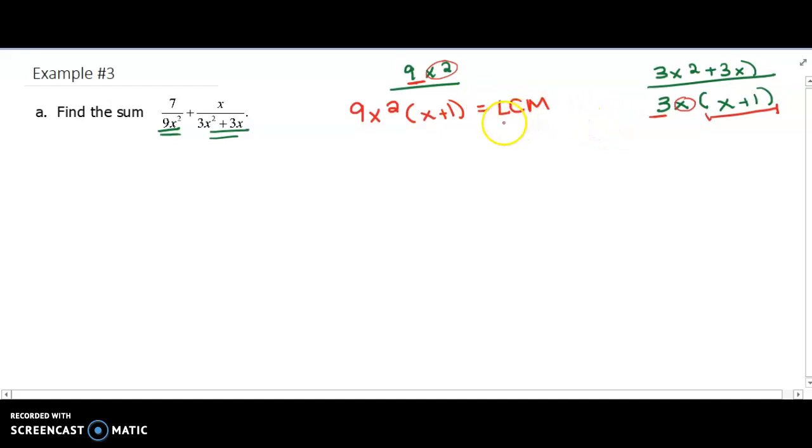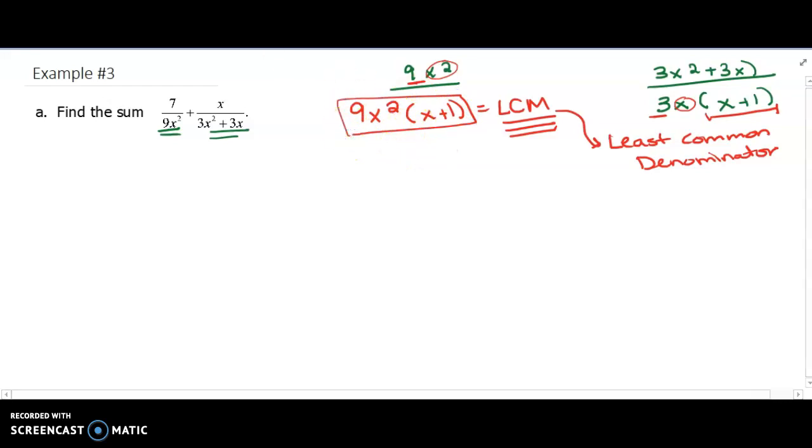Okay, but my least common multiple is also going to be my least common denominator. Okay, so I'm going to change the denominator of both fractions to this right here. So I have 7 over 9x squared.